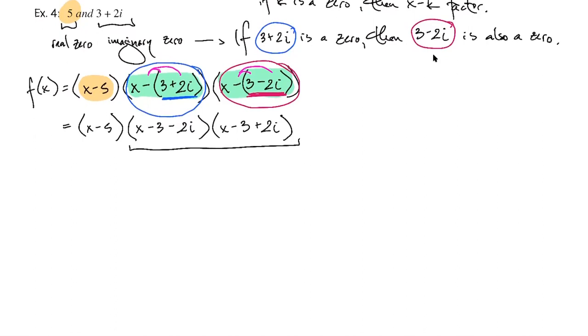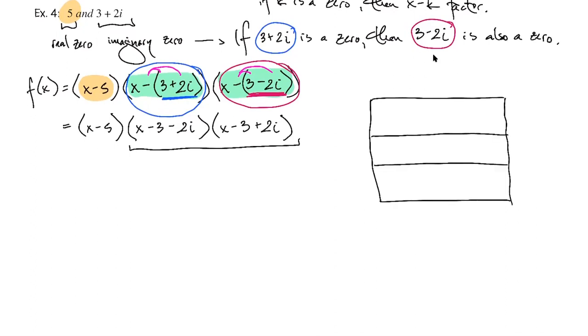Now, I'm a pretty visual mathematician, I suppose you could say. So if you ever learned how to multiply this way, this is how I like to do some of them, especially the ones that have complex conjugates, okay? So I would write x minus 3 minus 2i.